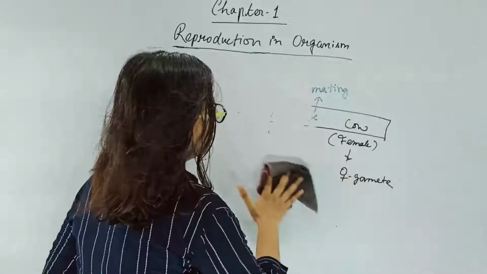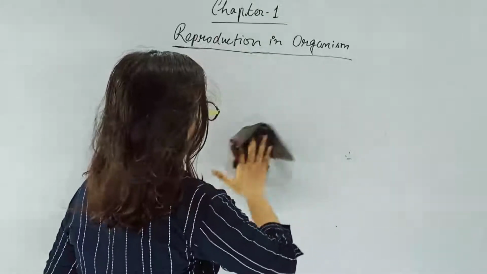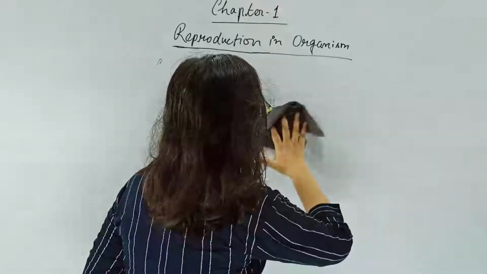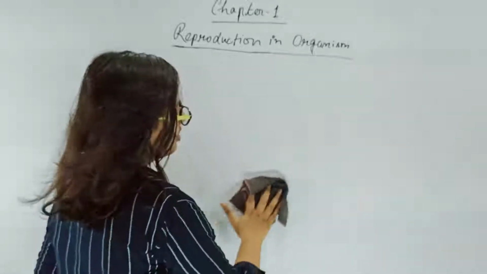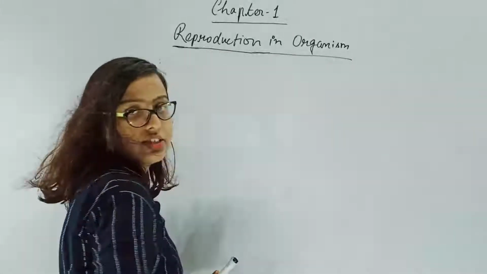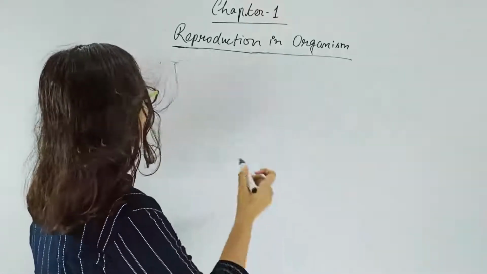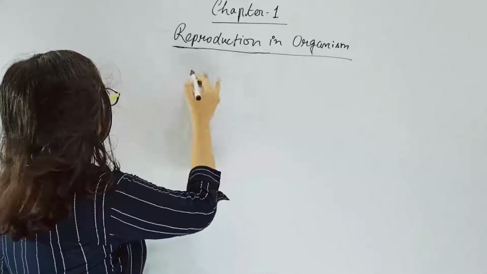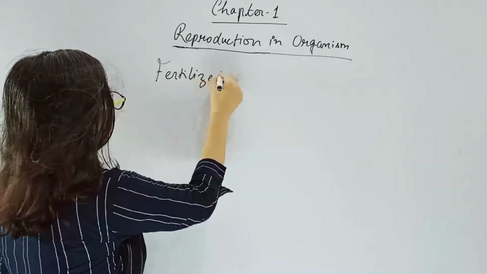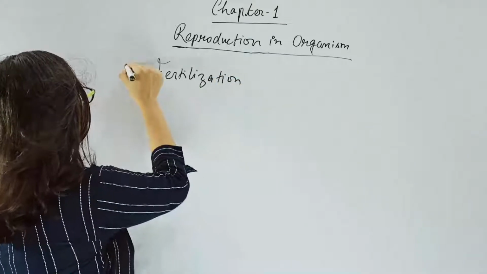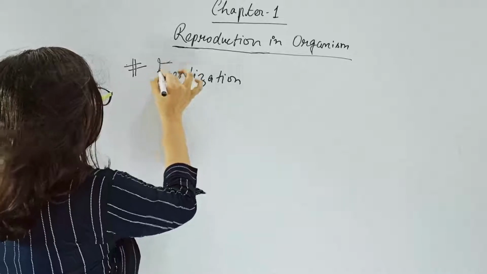I have already told you that there are three events. The first event was the pre-fertilization event. The second event is the fertilization event, and the third event is the post-fertilization event. Now we are going to discuss the second event, which is fertilization.